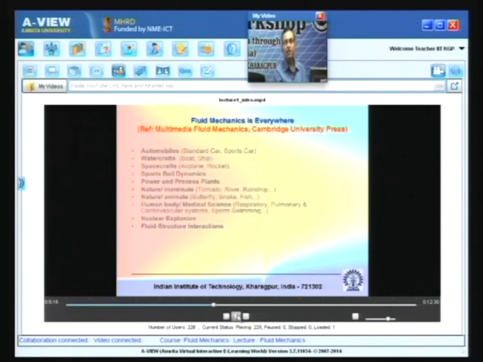So we can see that these days these kinds of topics are very important in fluid dynamics, where the interaction between fluid and structure is studied. It is not only an input from the fluid mechanics perspective, but also an input from the structural mechanics perspective that can give the whole idea of how the fluid structure interaction can take place.